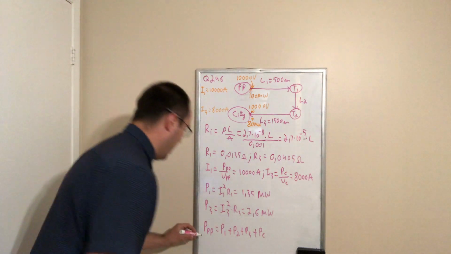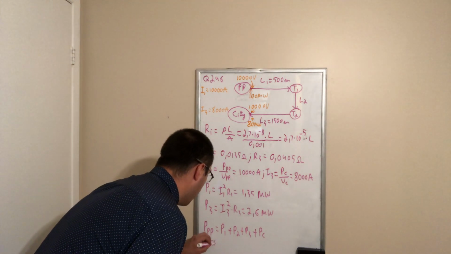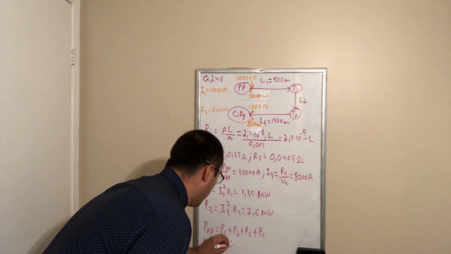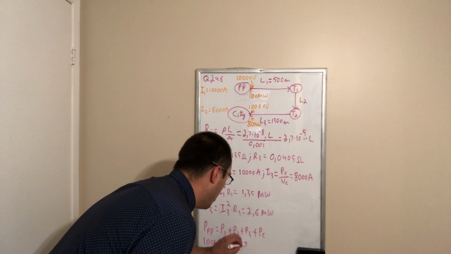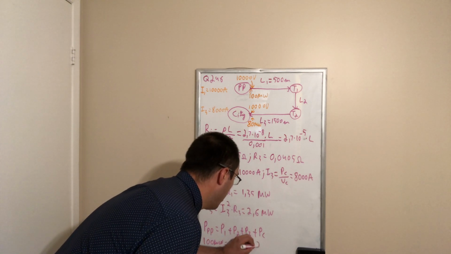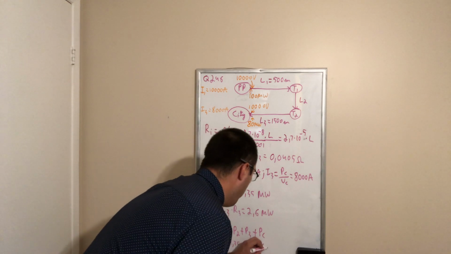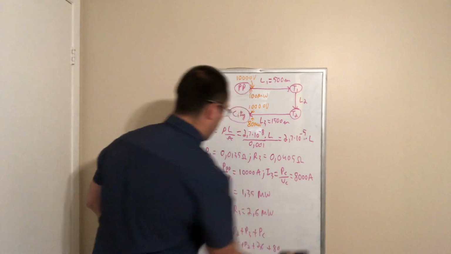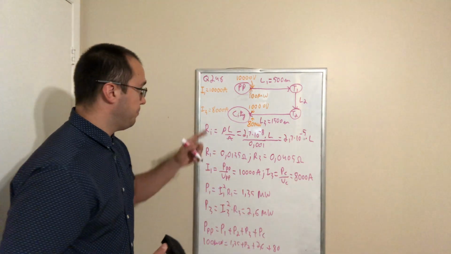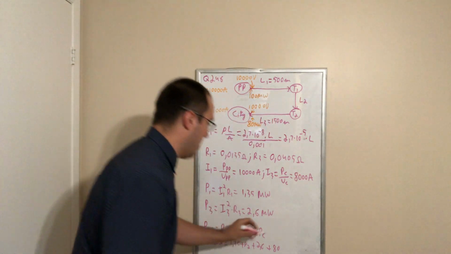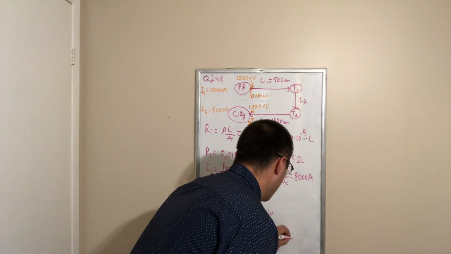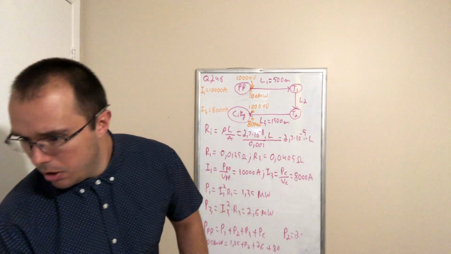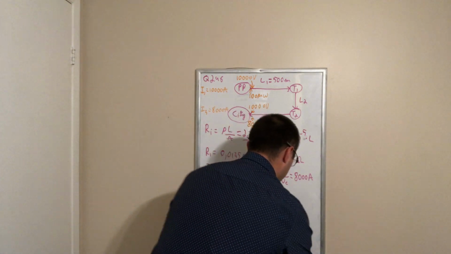So basically here, we got 100 megawatt is equal to 1.35 plus P2 plus 2.6 plus 80. So we get the power loss on the second power line to be 16 megawatt.